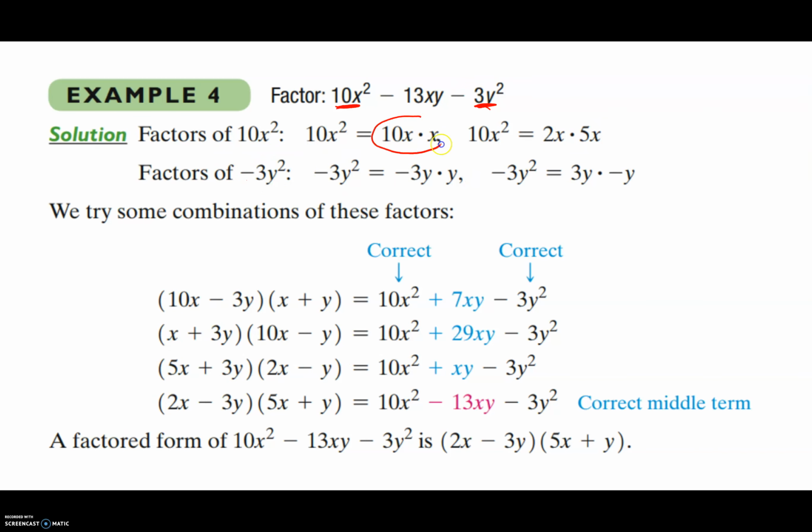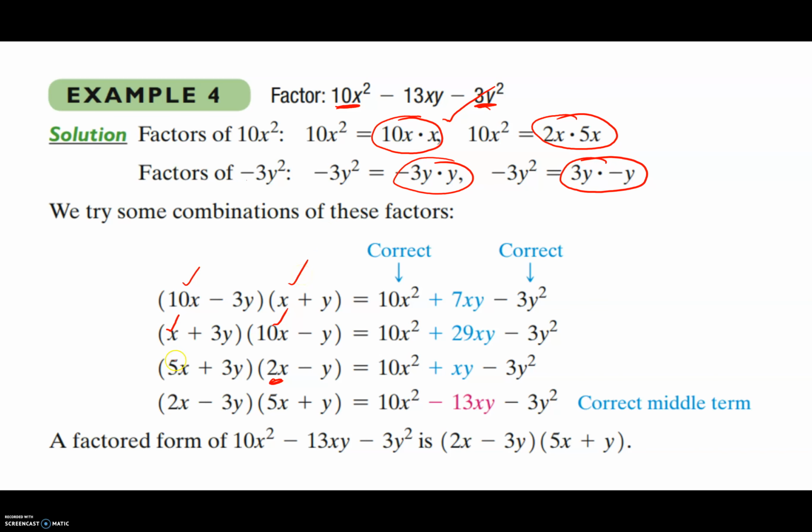So let me just go ahead and circle these again. These are our options. When you go down, they either have it set up like this, or set up in the opposite direction, or in the same direction but with different numbers. So when you get an opportunity, take a look at the pattern. You can see where in the first one, here are our factors 10x and x. And in this one, they used the same factors, they just switched it around.